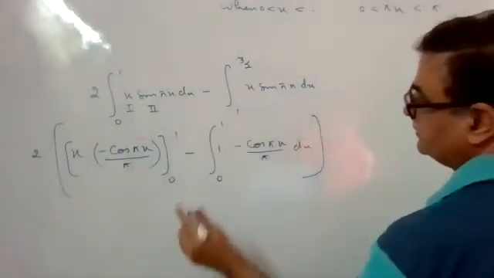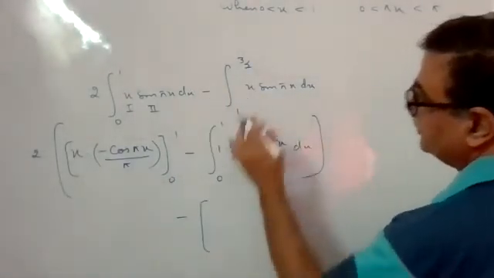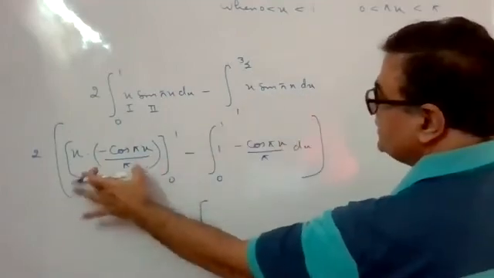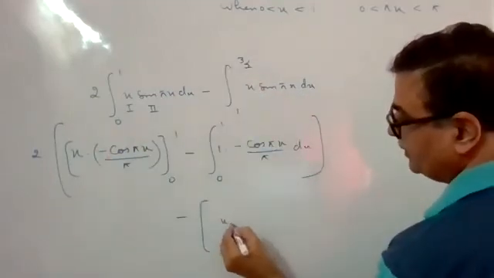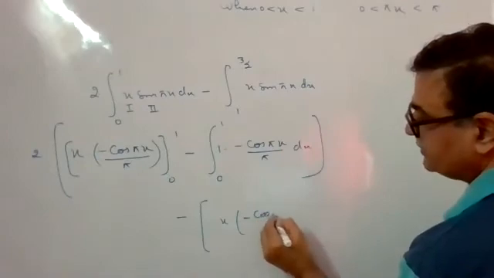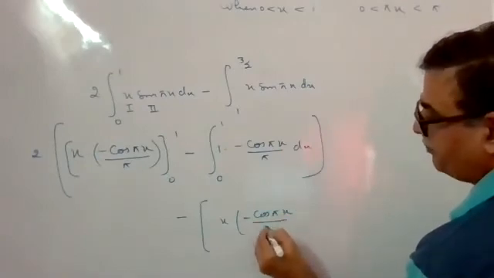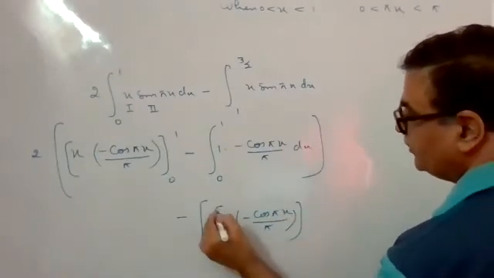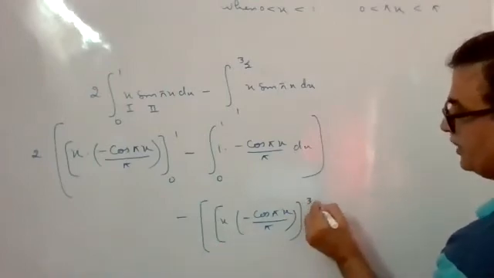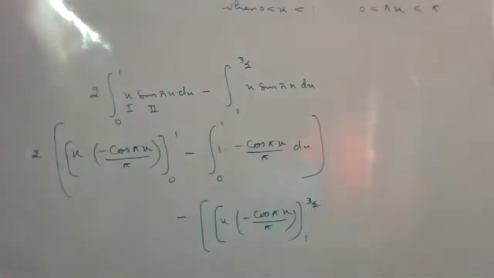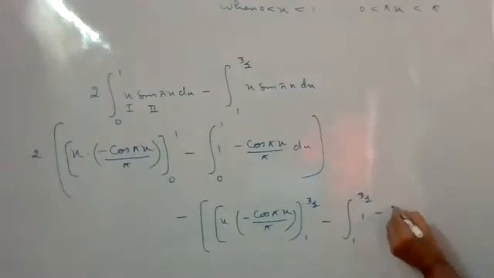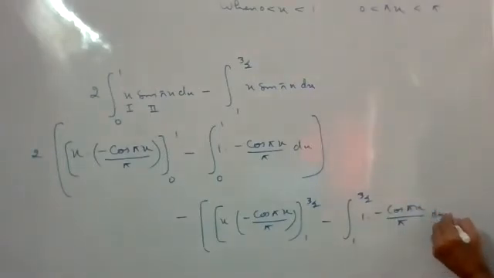Then it is minus. Here also the same thing, integration same रहेगा but limit change होंगी. x minus cos pi x by pi, and the limit will go from 1 to 3 by 2. Minus integration 1 to 3 by 2, 1 into minus cos pi x by pi into dx.